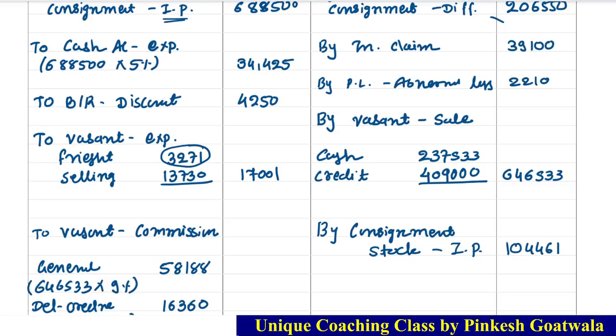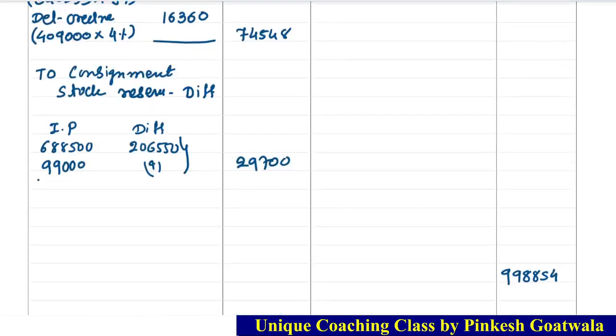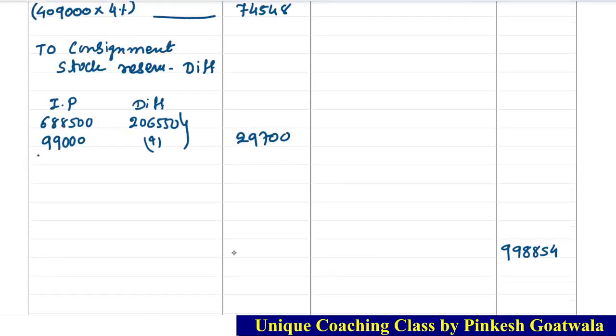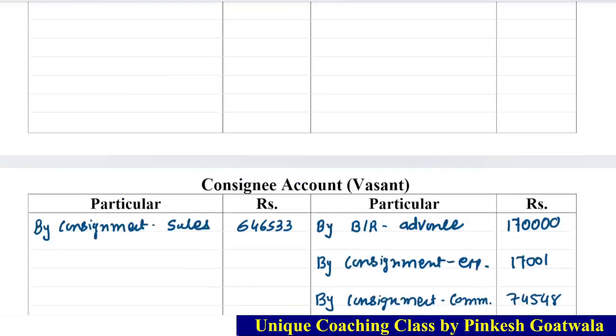So here we get a profit of 1,50,430. 998,854, to profit and loss account, profit 150,430. And let's close the consignee account.